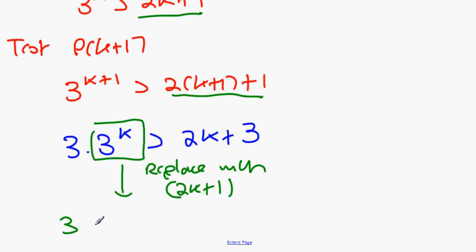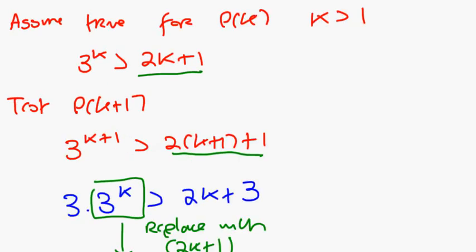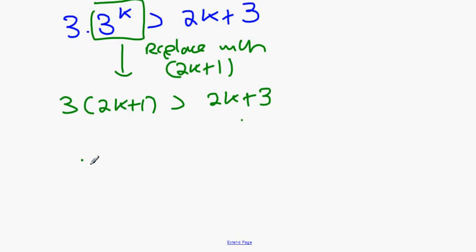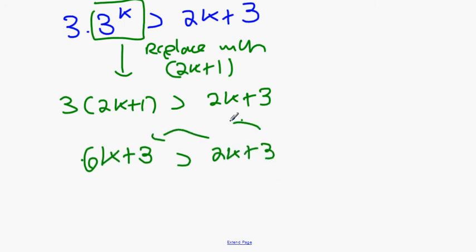So 3 times 2k plus 1 is greater than 2k plus 3. Then we're going to have 6k plus 3 is greater than 2k plus 3. Then bring these over to one side, you cancel them off, and we get 4k is greater than 0.